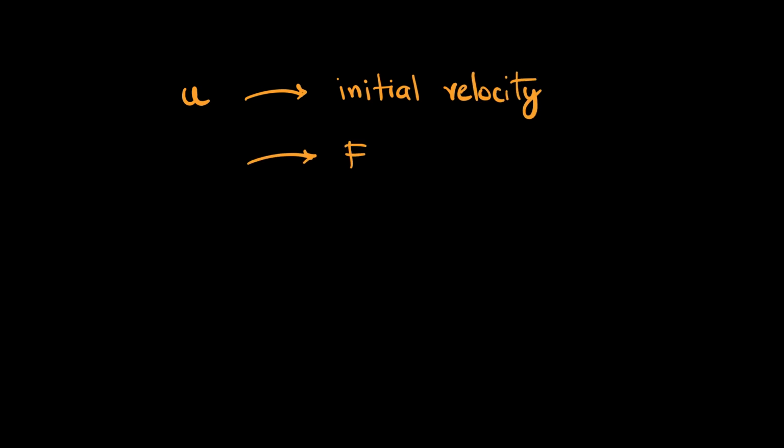Secondly, we need to introduce some symbols. U is the symbol for initial velocity. And then we have another velocity, which is final velocity, and we use the symbol V for it. So U stands for initial, V stands for final.